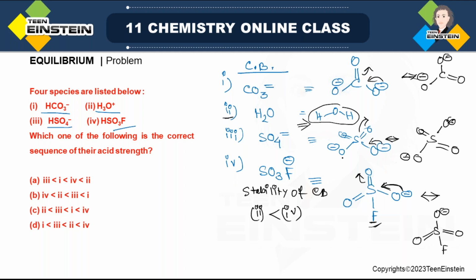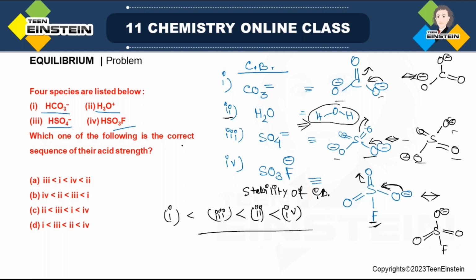Now in 3 and 1, in case of sulfate, the resonance amount is high because here negative charge is delocalized over total 4 oxygen atoms. But here it is over 3 oxygen atoms. So obviously delocalization is high. So after 2, it should be 3, and then we have the last one, which is 1. So this is the stability order of conjugate base.